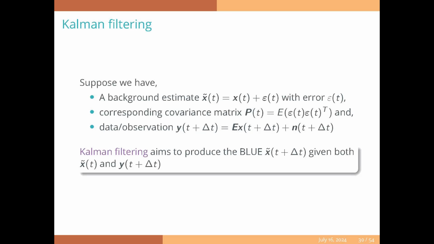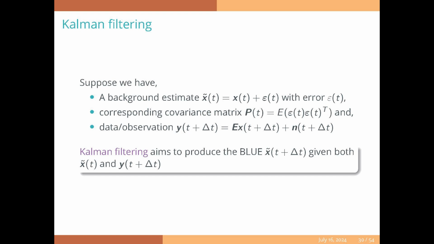In Kalman filtering, our goal is to assume we have some background estimate. So we have some x tilde of t, which is some approximation of this value x. It has its associated error epsilon. We have its corresponding uncertainty matrix, which is this P. It's this expectation value of epsilon epsilon transpose. And then we also have data or an observation at t plus delta t.